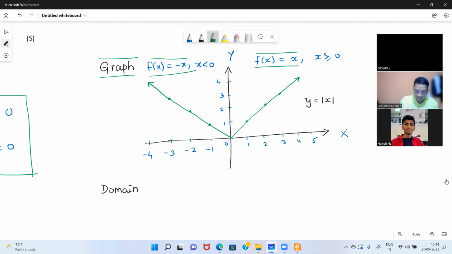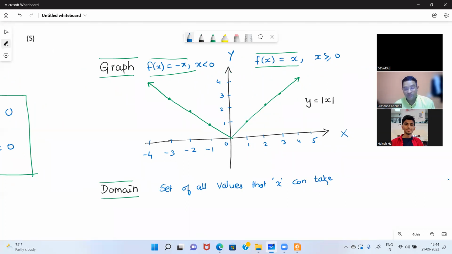So what do you understand from the word domain? It is nothing but the set of all values that x can take, so that y exists.